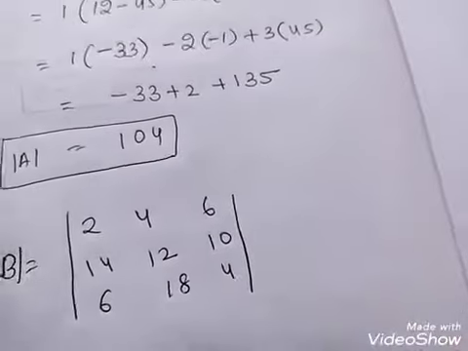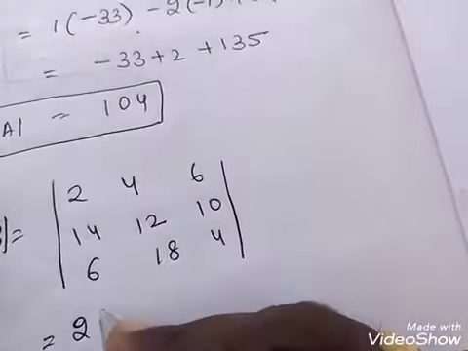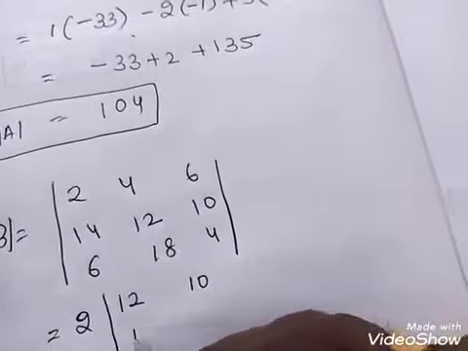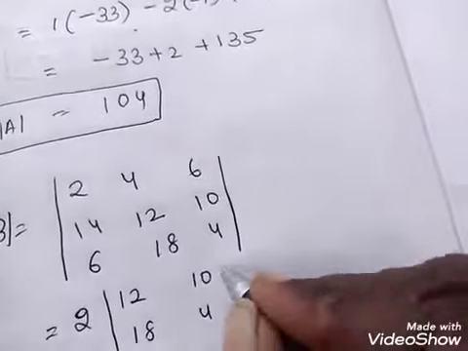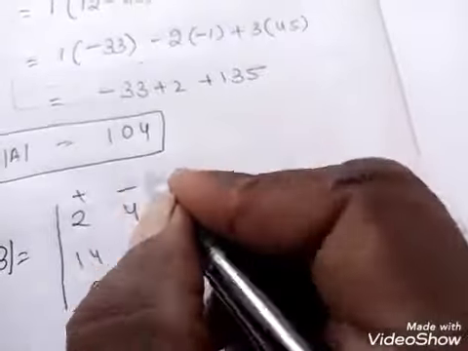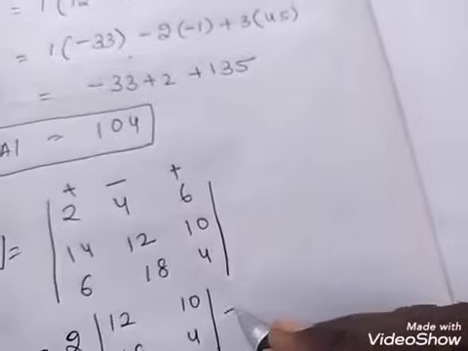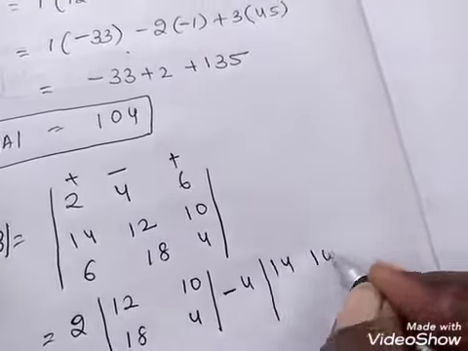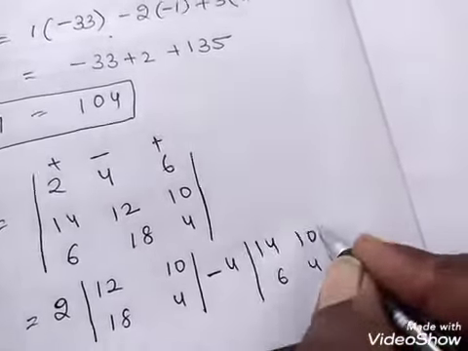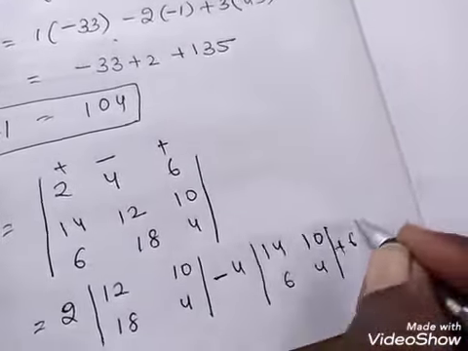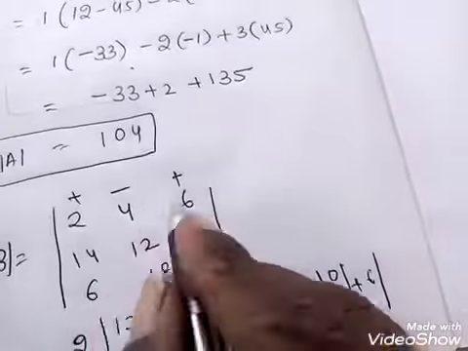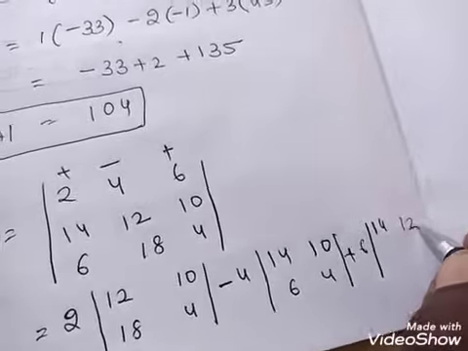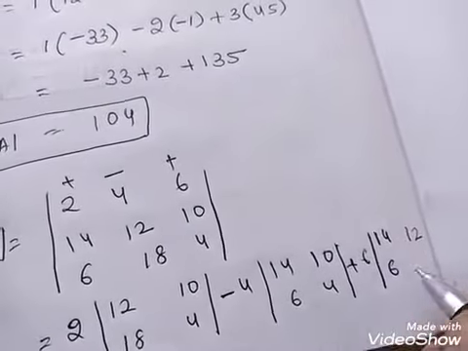Now what are you going to get? 2 into [12, 10; 18, 4]. The signs are plus, minus, plus. Now minus 4 into [14, 10; 6, 4], plus 6 into, removing this row and column, [14, 12; 6, 18].